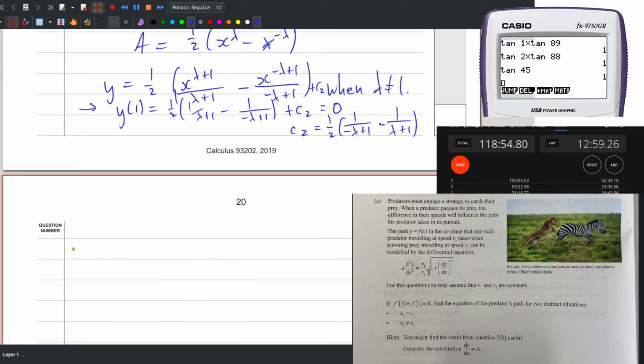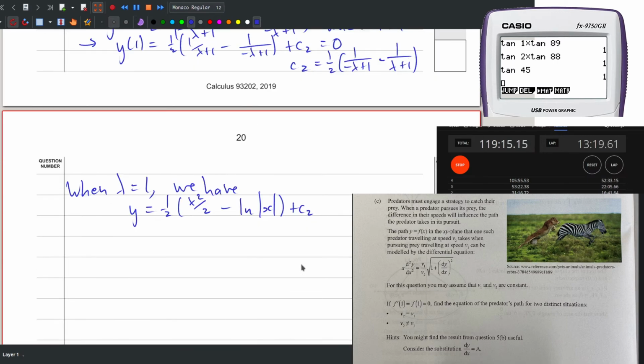And then when lambda equals 1, we have y equals a half x squared on 2 minus ln of x plus c2, and so y of 1 equals a half times 1 on 2 plus c2, which is 0, so c2 is negative a quarter.